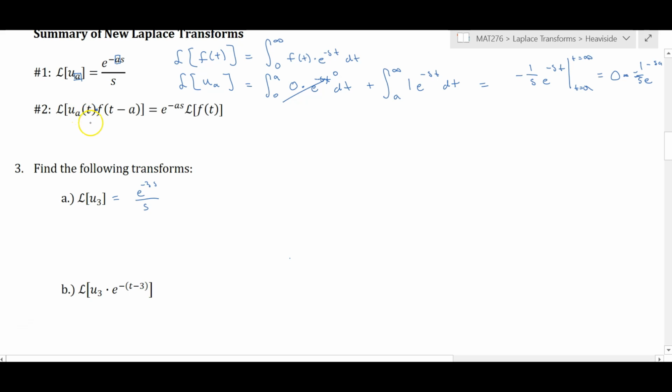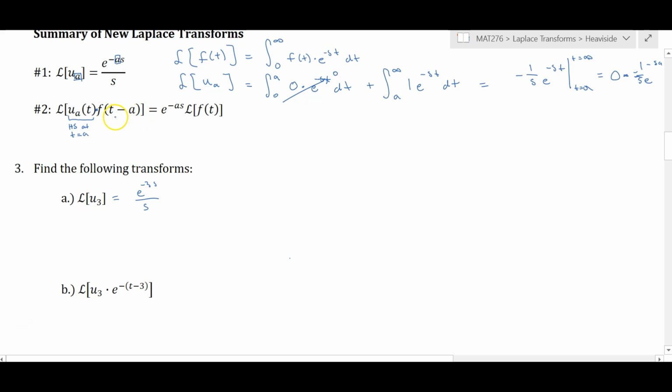Now, the second one could be a little intimidating to work with at first because there's a lot of notation. But here's the thing to remember. Here you have to have a Heaviside at t equals a, and then that needs to be multiplying a function that is shifted to the right a units.